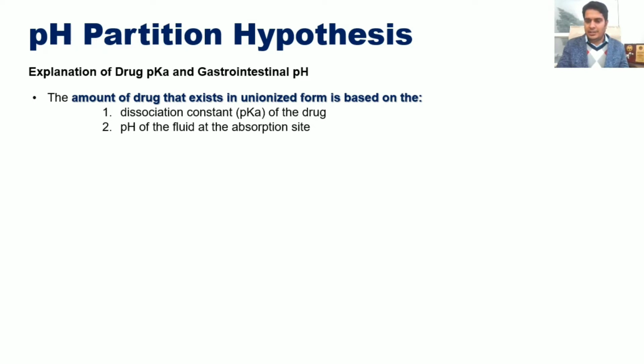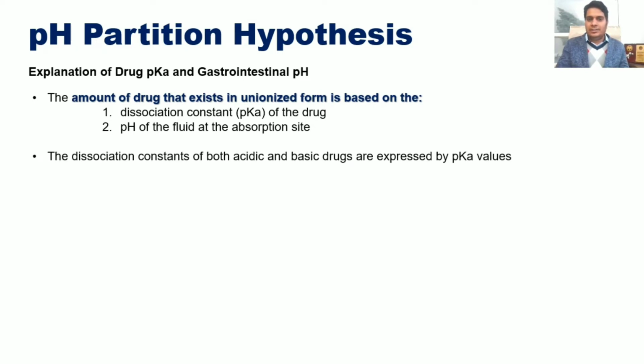As this theory states, the dissociation constant of both acidic and basic drugs is expressed as pKa value. So whether the drug is acidic or basic, we will use only pKa as a term of expression. Now, if the drug is acidic, then what will happen?